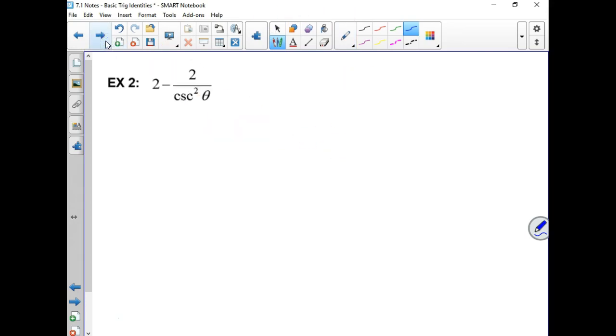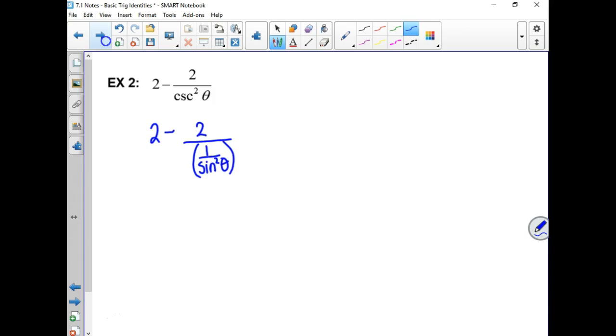We've got 2 minus 2 over cosecant squared theta. So in this case, I know cosecant squared theta is the same as 1 over sine squared theta. So I have 2 minus 2 over 1 over sine squared theta.